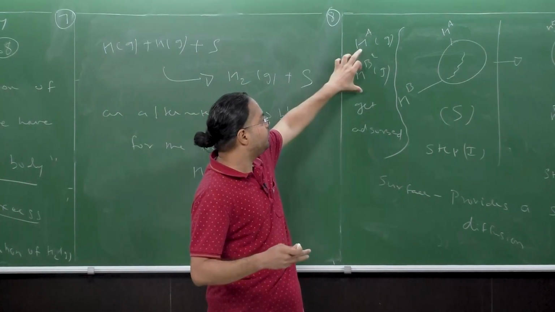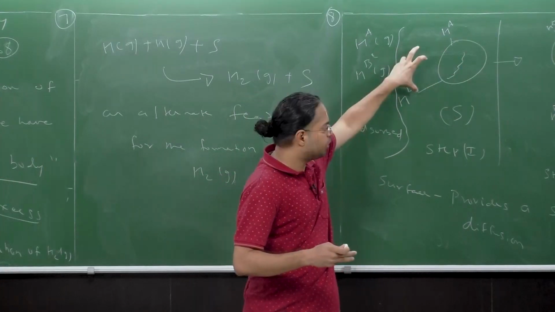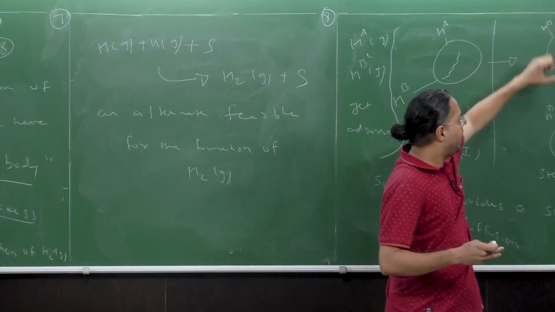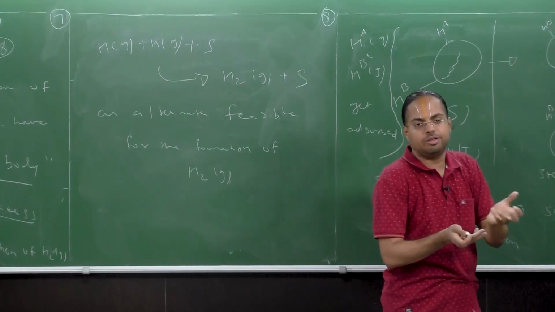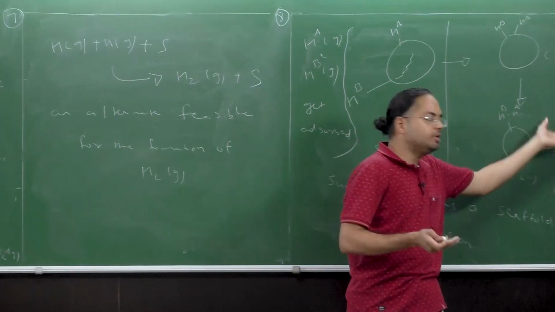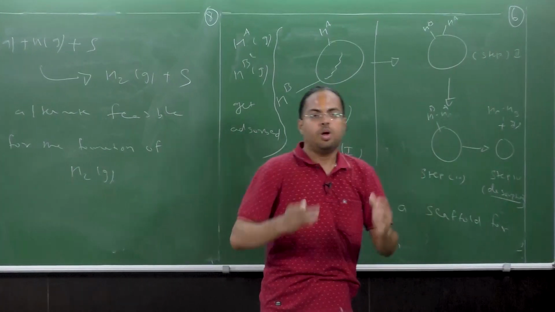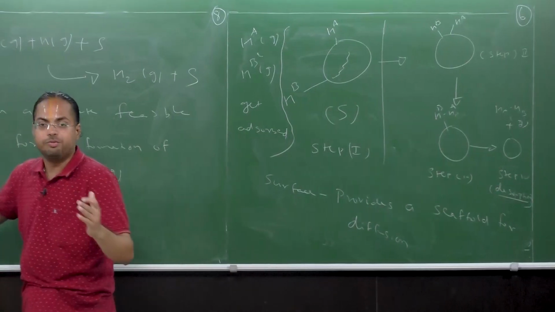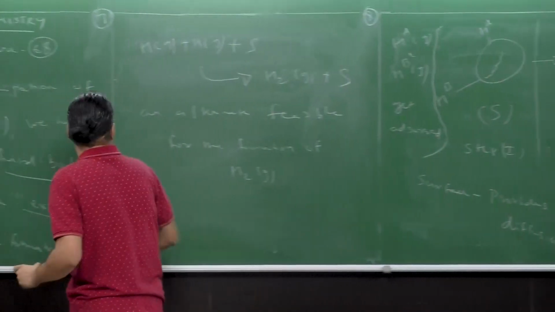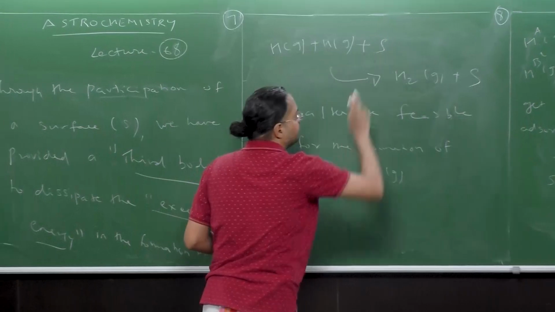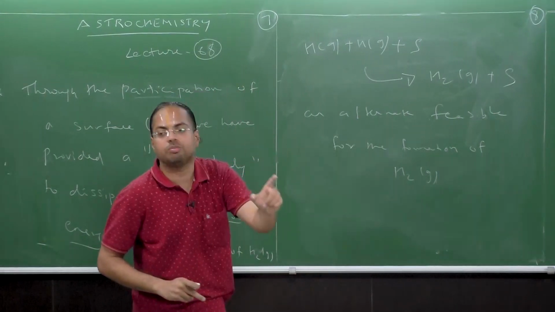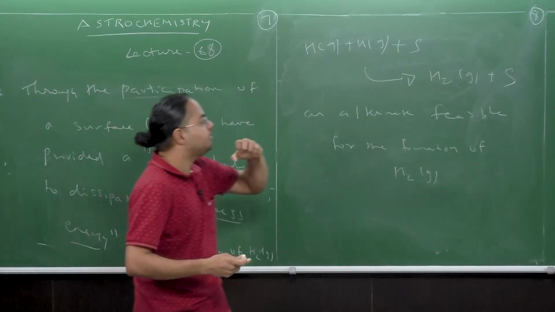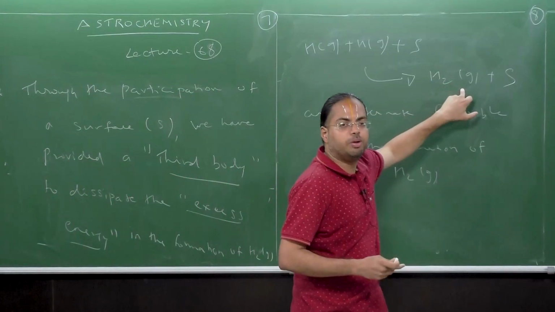First, the surface provides sites for adsorption, by diffusion the atoms are brought together, and by desorption the molecule formed just escapes. And what is the big picture gain by involving a surface? The surface acts as an effective third body, which is otherwise impossible under interstellar conditions, and it also takes away the excess energy associated with the formation of H2 gas.